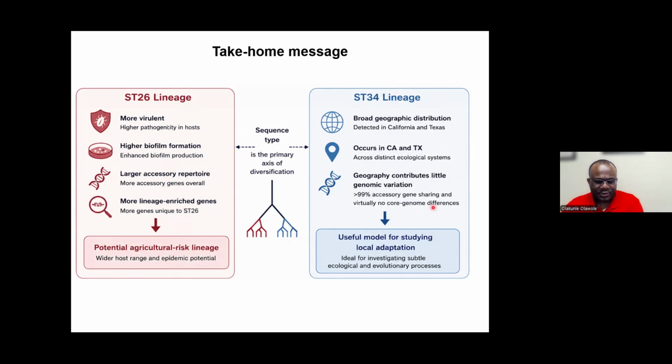And the ST34 is broadly distributed across California and Texas, and yet it exhibits minimal genomic differentiation across regions, making it a useful model for studying local adaptation. Most of the genomic variation is explained by lineage-specific genes and mobile genetic elements, and not by geographic origin.